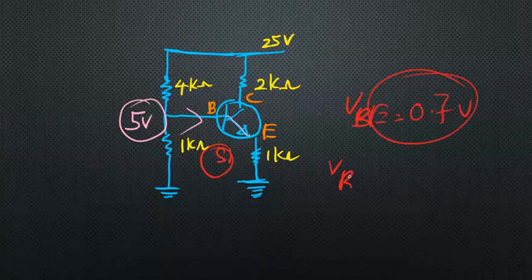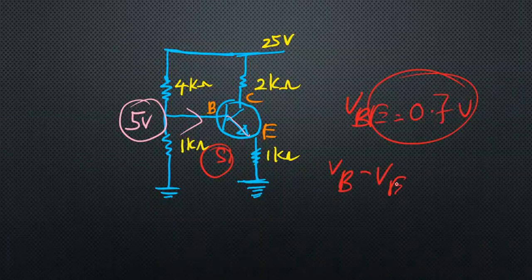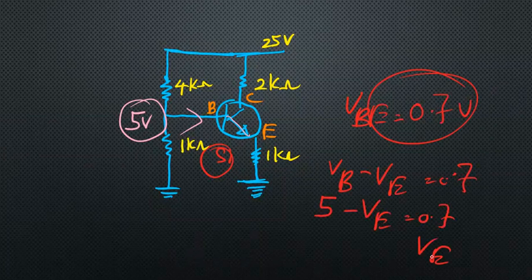Then VB minus VE is 0.7. Here we have B as 5, so VE equals 5 minus 0.7, so we get VE as 4.3. Right, so the potential here is 4.3 volt now.